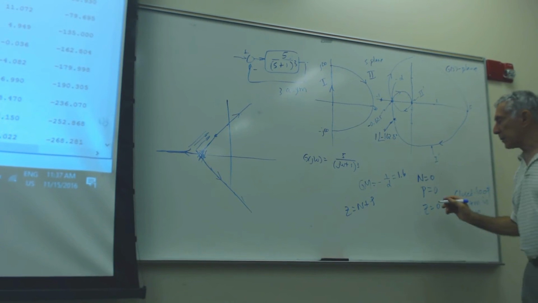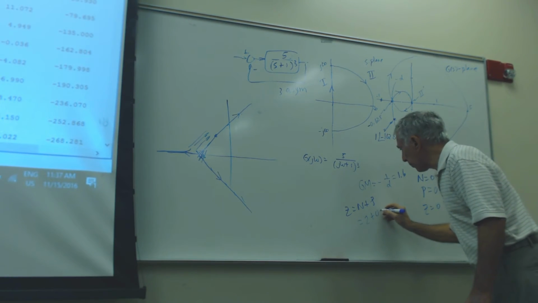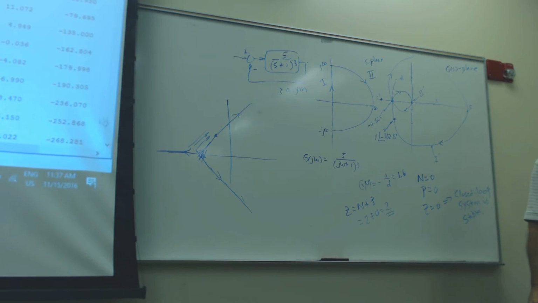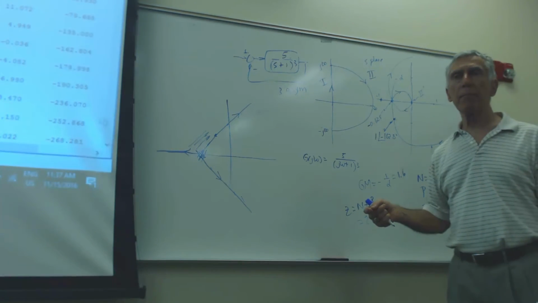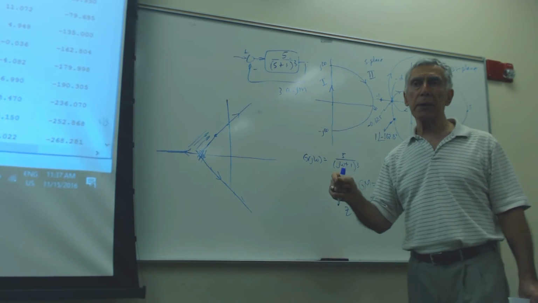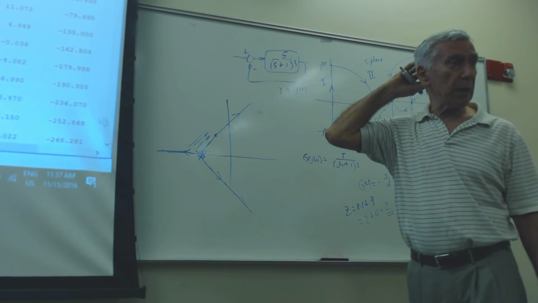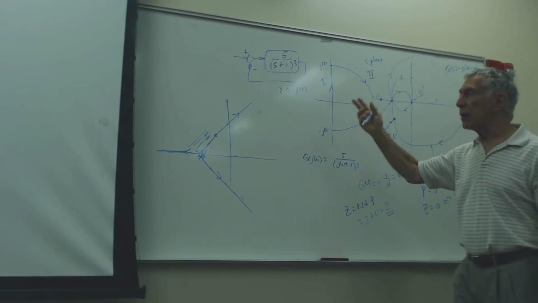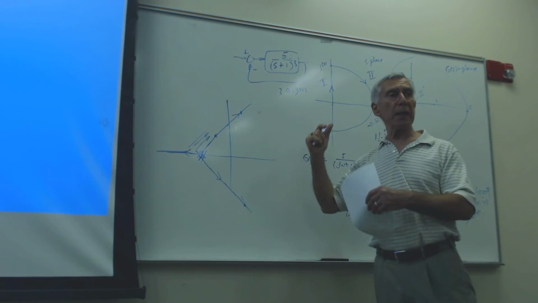So n is equal to 2, p was equal to 0, therefore z is equal to 2. It does mean that it's unstable, but z specifically is defined as the number of right half plane zeros of the characteristic equation, which is the same as the number of right half plane poles of the closed loop system. So there are two right half plane poles of the closed loop system if the gain k goes to 2, which in terms of the root locus means you'll have one up here and one down there, in the right half plane. It becomes unstable.